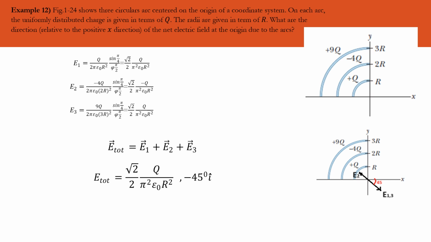Therefore, if this angle is 90 degrees, the bisector, 45 here and 45 there, is the line that the electric field must pass through.